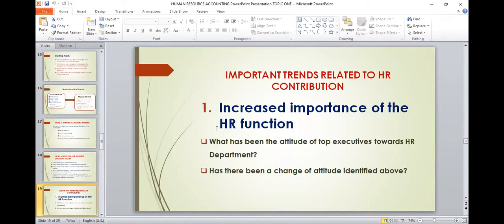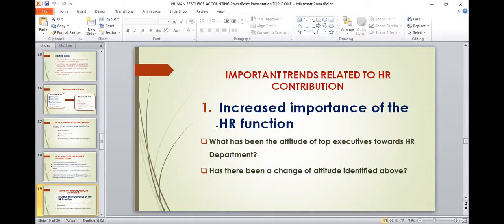And world over, all the top executives and managers are agreeing that human resources has a vital role that it can play to improve the organization's bottom line. That is something that all of us are agreeing upon.